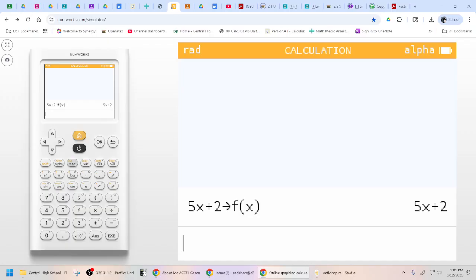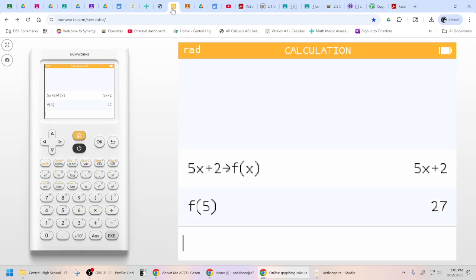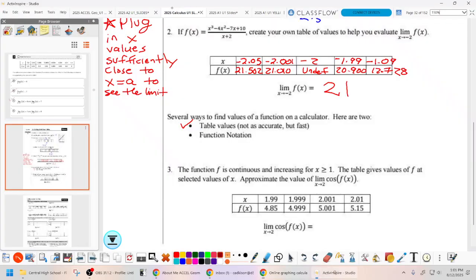So let's say I want to do f of 5. We saw this yesterday, but just to remind you, and it gives you that. So that's the two ways to do the problem on this table, where we had to get our own values. Remember, another big idea of this was deciding which values to pick and getting them sufficiently close to our limiting value. So any questions on that stuff?